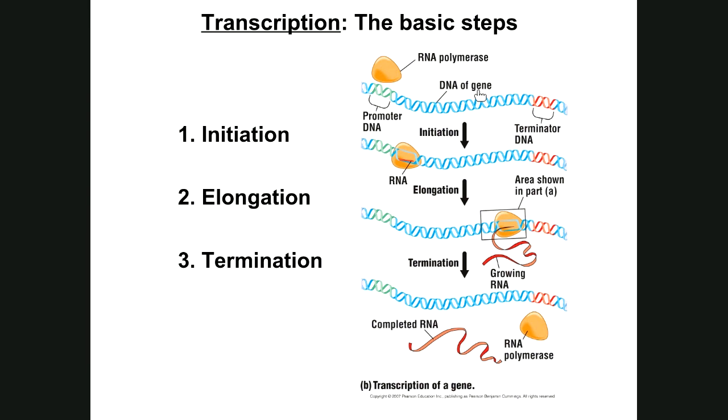It was discovered that genes found in both prokaryotes and eukaryotes are bracketed by two types of DNA regulatory sequences. These DNA regulatory sequences are simply known as promoters and terminators. And as I said, these are DNA regulatory sequences that bracket the gene.